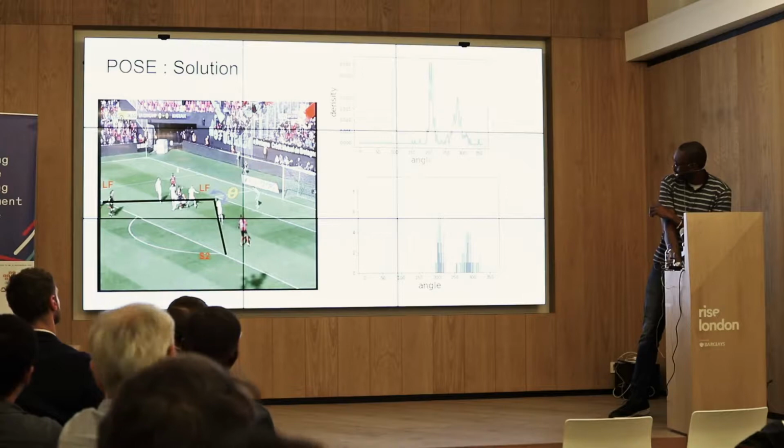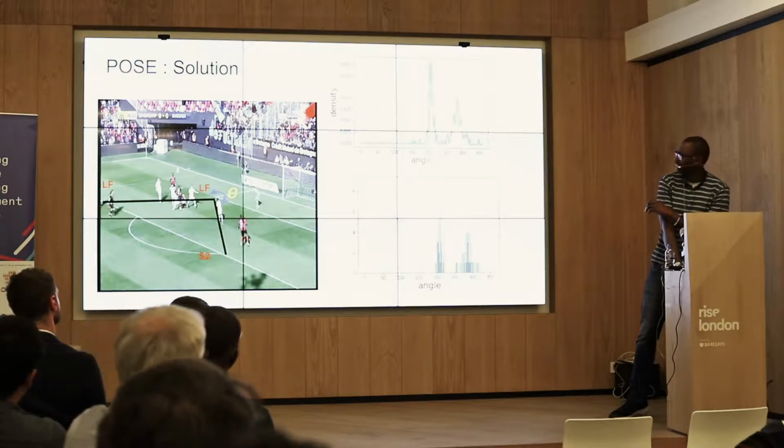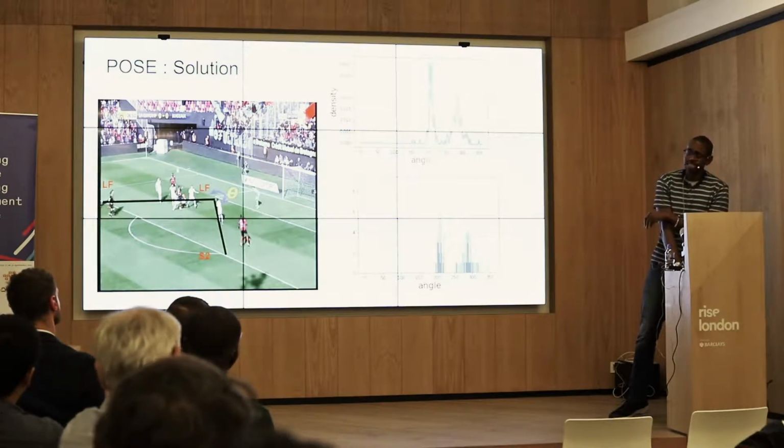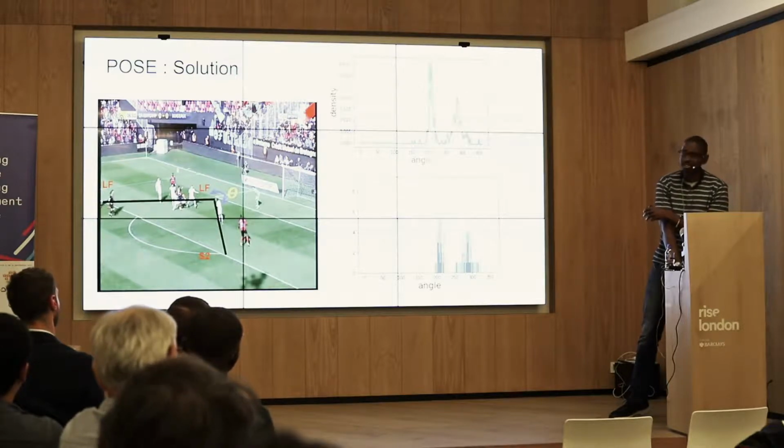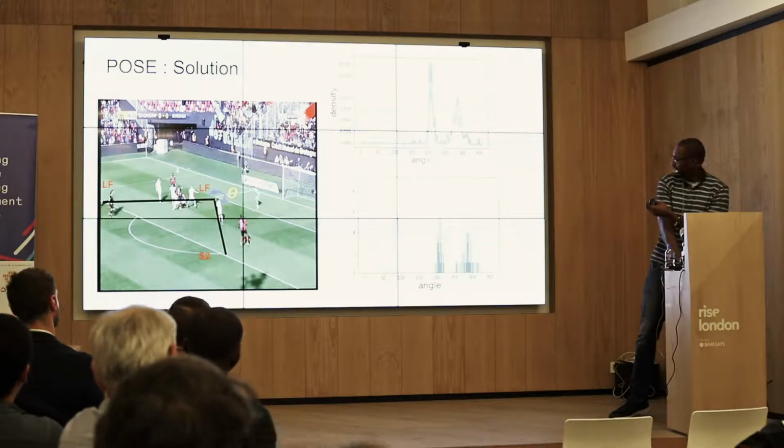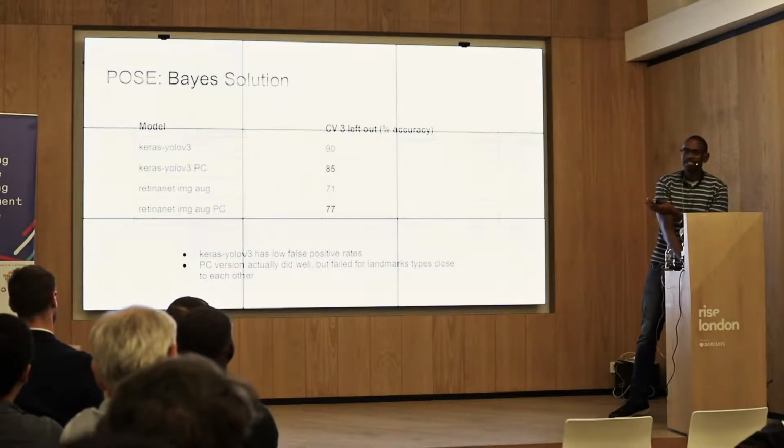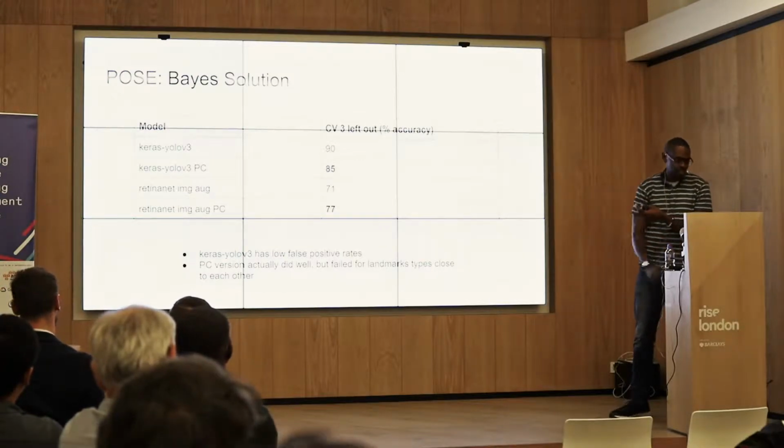Then I use SciPy's kernel density estimates package, KDE, to do this, and it allows me to model it as a probability distribution, i.e. the density. And using that, I'm able to get much better results.